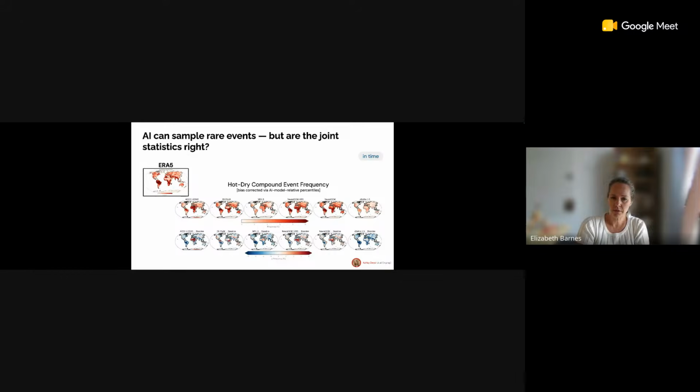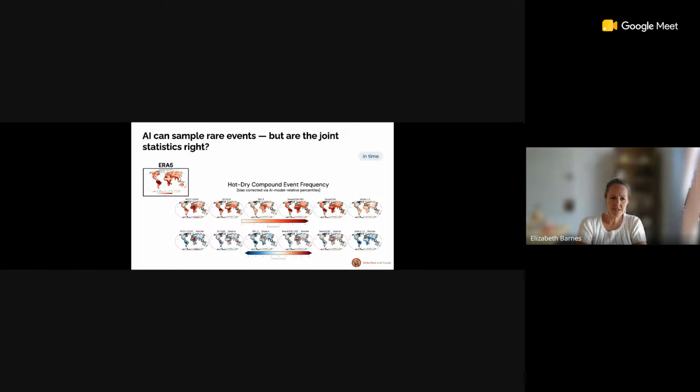And then what I'm showing you along this long row is new results from a comparison project that is just wrapping up right now of 6 different AI models, where NeuralGCM here is a hybrid model. So it has physics or dynamical components as well as AI-driven components.